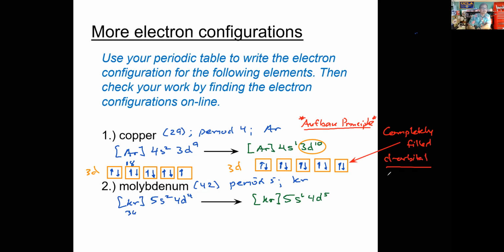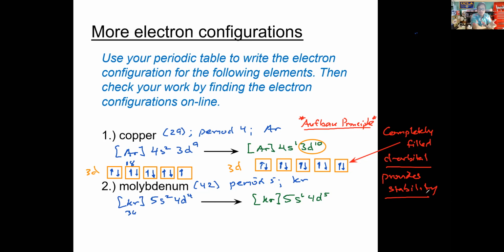A completely filled d orbital provides the atom, the element, with stability. And this is why copper doesn't react very well. I mean, you can get copper to oxidize, we see that, but copper is a fairly stable metal. It doesn't change very easily.